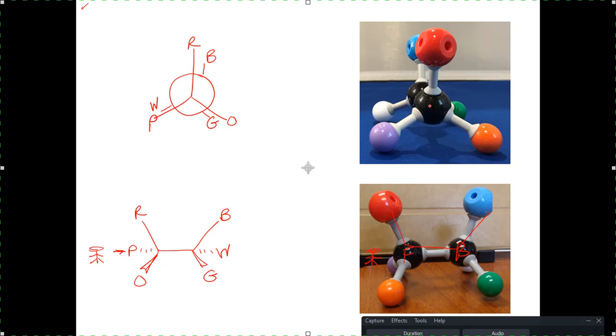So again, this was the left carbon, and this was the right carbon, and so I'm over here looking at that sawhorse projection in order to convert it to, or looking at this over here, looking at the Newman projection to convert it down into the sawhorse. So we can go from sawhorse to Newman and vice versa.